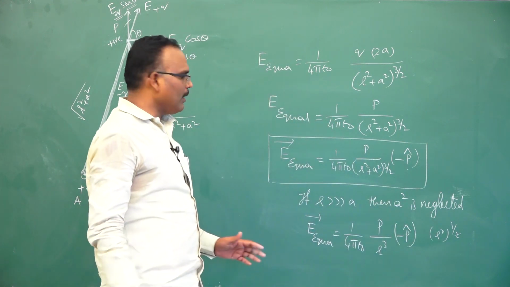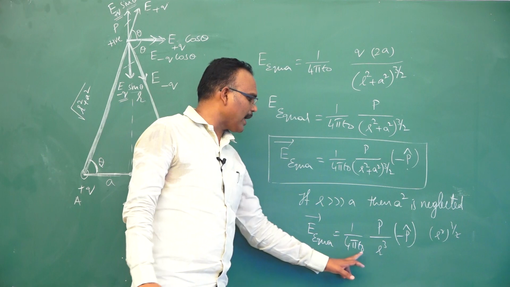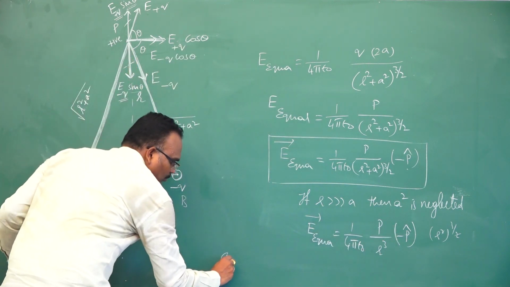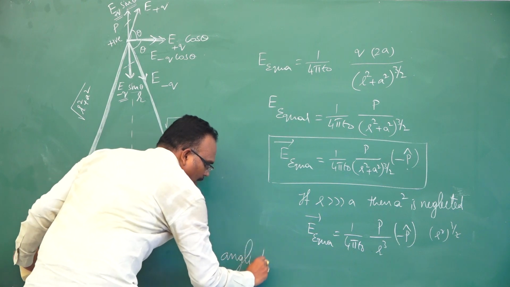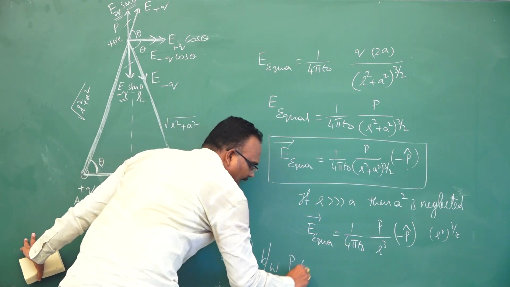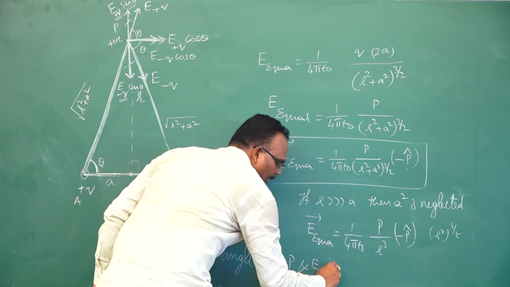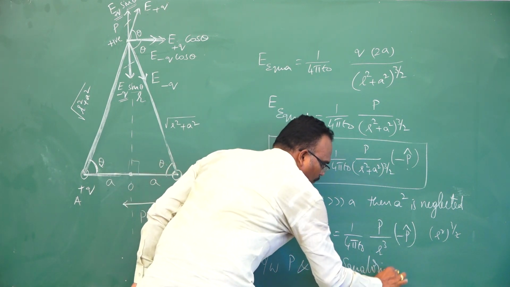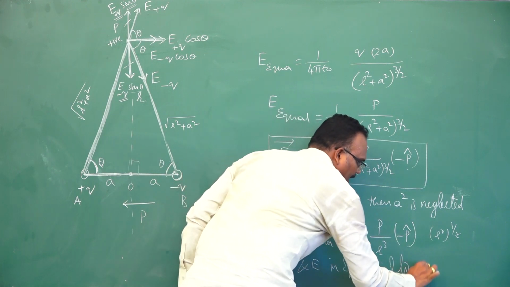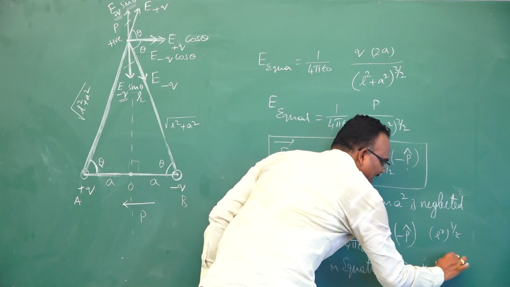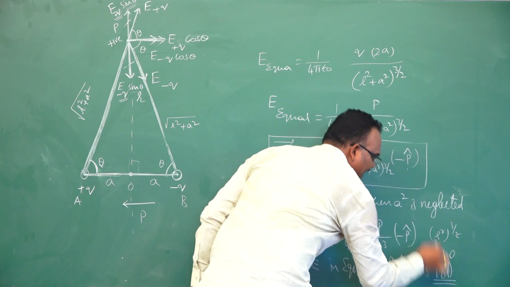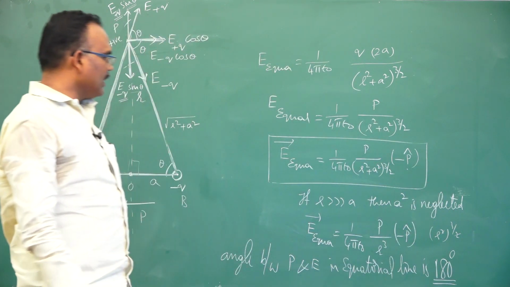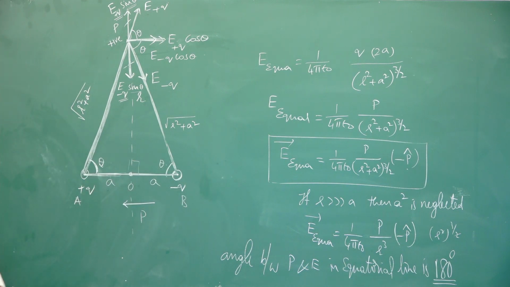If you want only magnitude, then the answer is 1 by 4 pi epsilon naught p by r cube. Angle between dipole moment and electric field in equatorial line is 180 degrees. 180 degrees is also called out of phase. This is a very important point you have to remember.